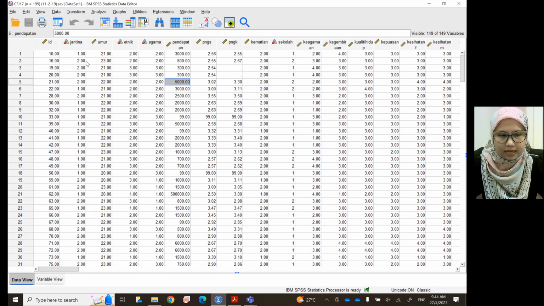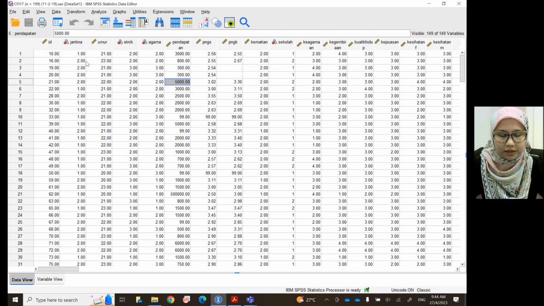You need to find the mean, mode, median, and so on. For the normality test, we want to know whether our data is normally distributed or not. Why? Because if our data obtained is normally distributed, we can decide whether we want to use parametric or non-parametric analysis.